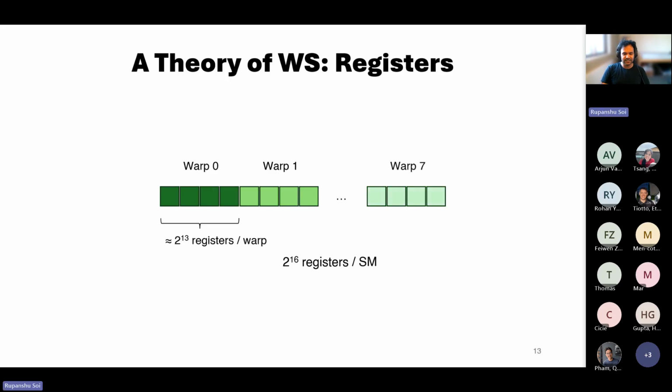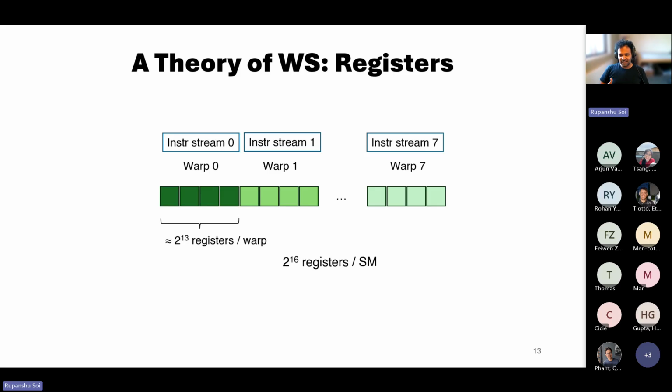Up to a point, of course. So this is one resource that warp specialization gives you. If you add more warps, in some cases, you can get access to more registers. The other resource that is given by warp specialization is an instruction stream, because warps have their own instruction streams, and they can issue instructions independently of each other.